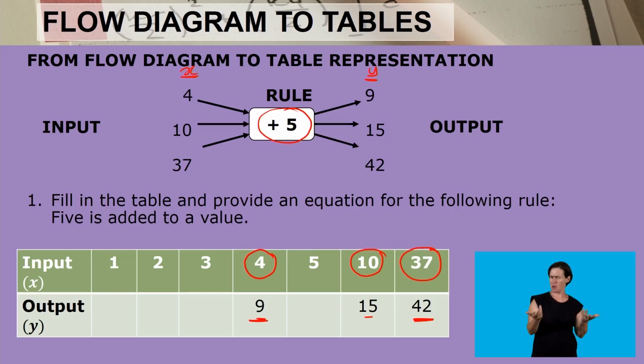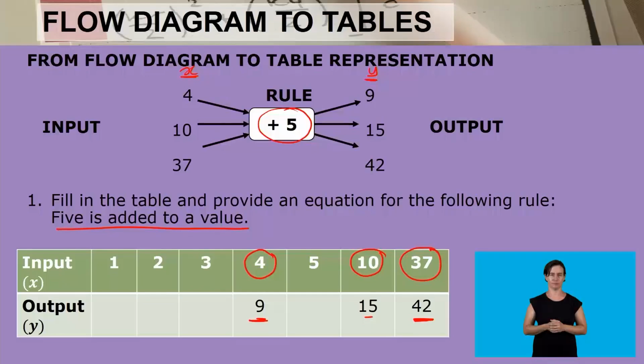Well, since we know that the rule is that 5 is added to an input value in this case, then we can just take our input value, add 5, and that is going to give us our output value. So let's go ahead and look at our table and see if we can apply that rule to that input value.